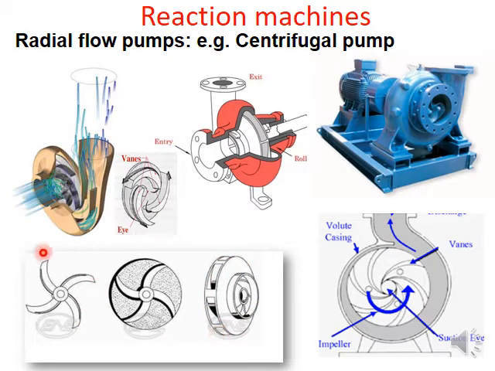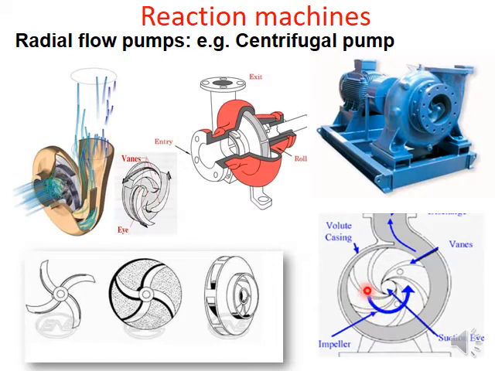So in those, say like sewage pumps or pumps used in mines, etc., where slurry is pumped, you have these open impellers. Whereas for clean water pumping, like domestic water pumps or water supply schemes, you may have this type. So sometimes in large applications, large pumps, you do not have this type, you have open type impellers.